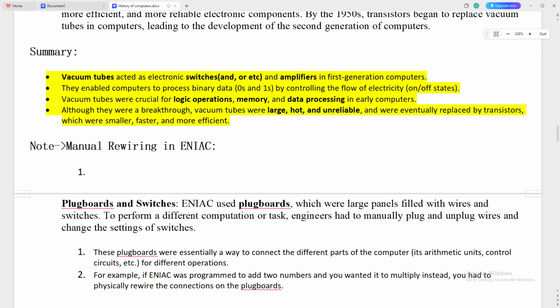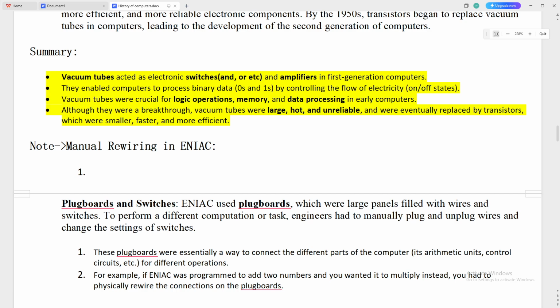As the electricity flows, that is one, and as the electricity goes off, the 0 is represented by that. Vacuum tubes were crucial for logic operations, memory, and data processing in earlier computers. Even now, data, memory, and logic operations are done by 0 and 1.